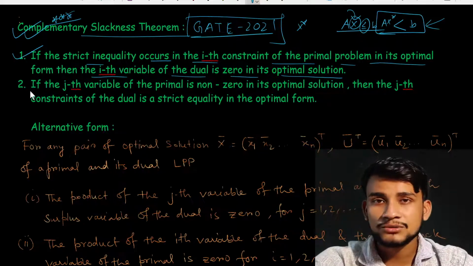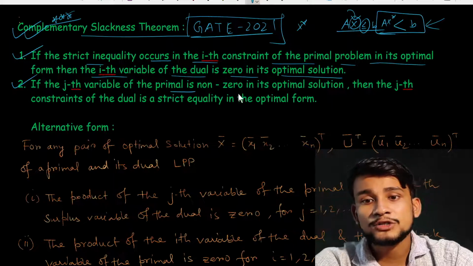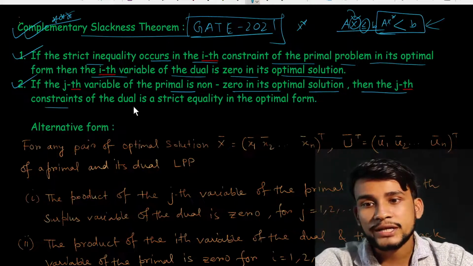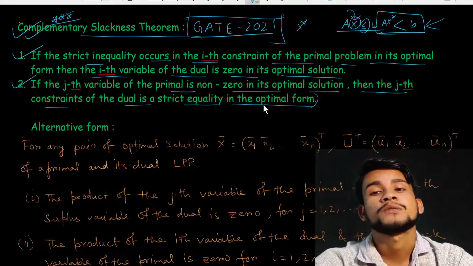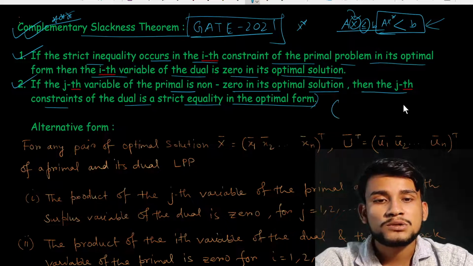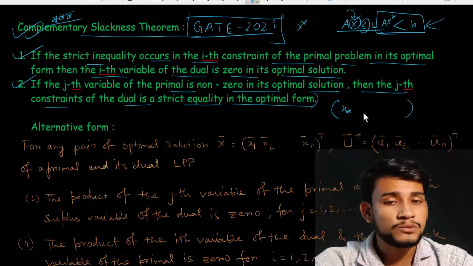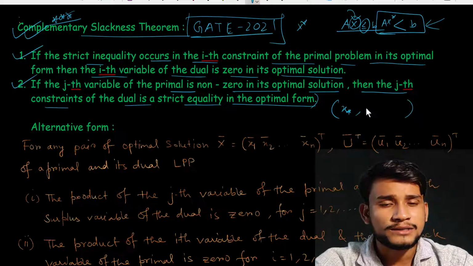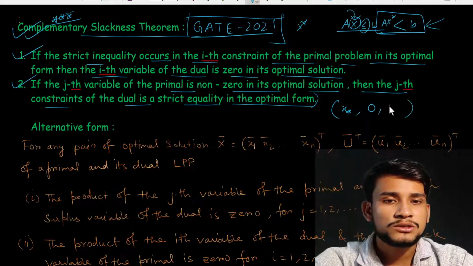Okay, let us come to the example. The second part says that if the jth variable of the primal is non-zero in its optimal solution, then the jth constraint of the dual is a strict equality in the optimal form. That means, suppose there are 3 decision variables in the primal problem and you get the solution x1, 0, x3.